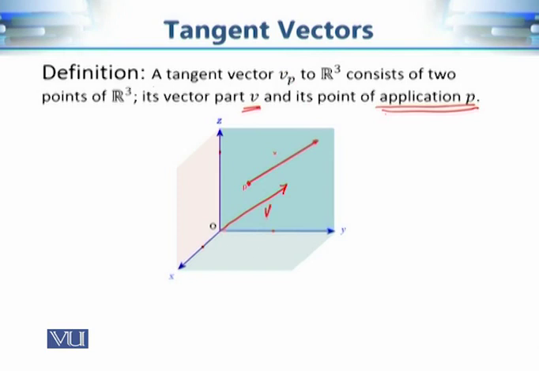This vector v is different from this vector v, because this one has the origin as its point of application, and this one has p as its point of application. According to this definition, take any point in R3, let's say q, and any vector, let's say w, then wq is basically a tangent vector.